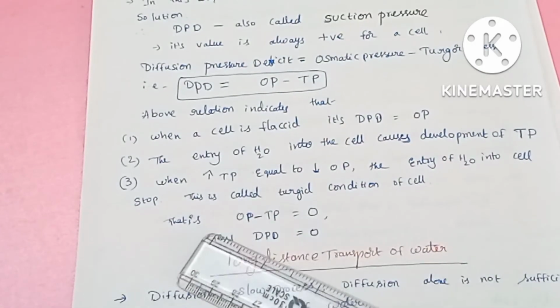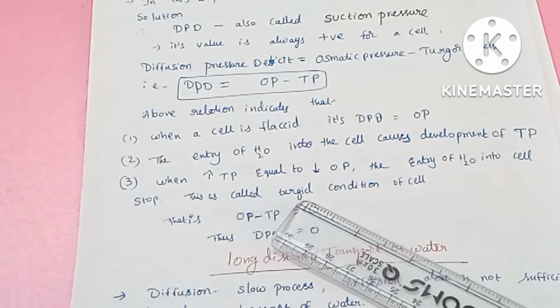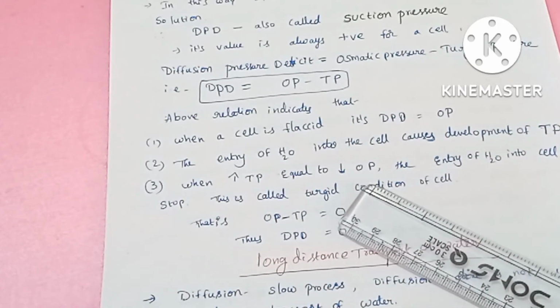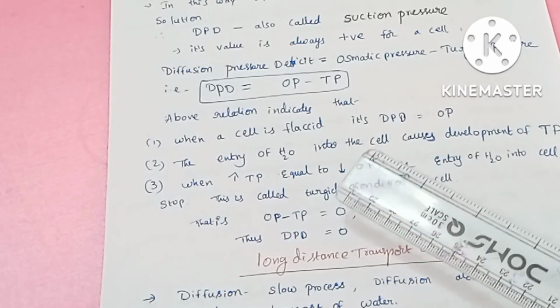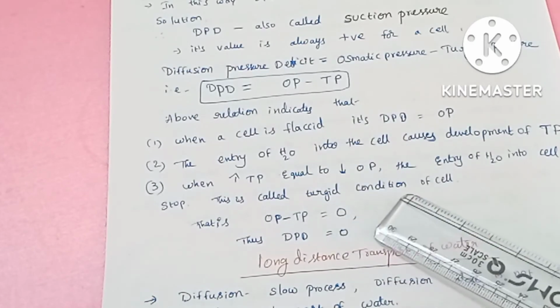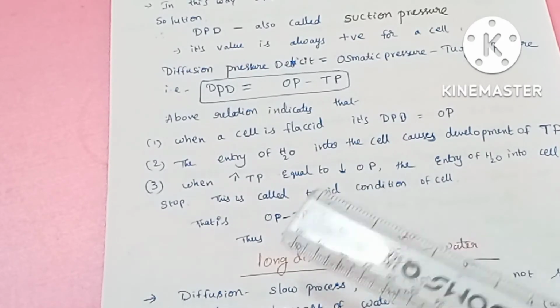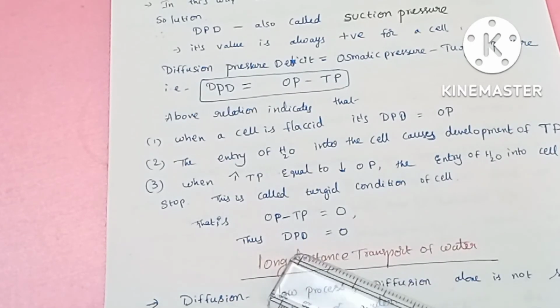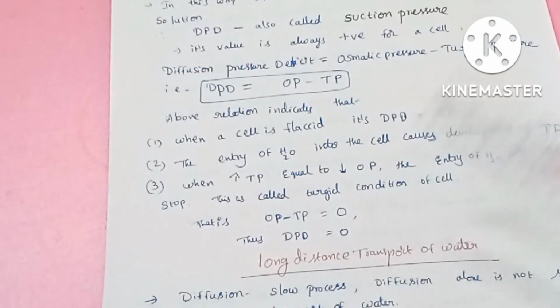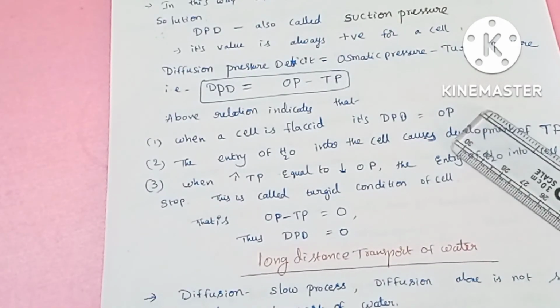The increased turgor pressure becomes equal to the osmotic pressure. The entry of water into the cell will be stopped. That means the cell is in turgid condition. In that condition, OP minus TP is equal to 0, and finally DPD is also 0. This is diffusion pressure deficit.